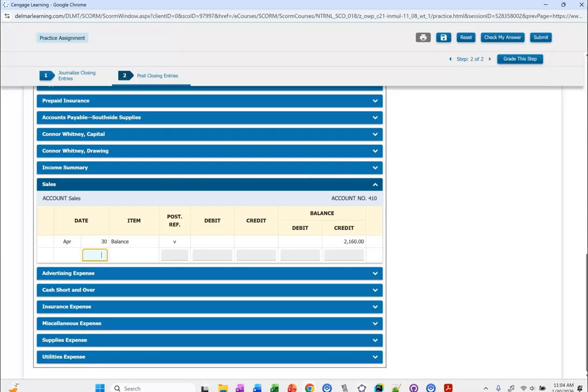The date still is April 30th. It's always the end of the month. This was journal page 12. We filled that in the beginning, so my post reference in the ledger is going to refer back to the journal, right? The journal post references to the account number. The accounts reference back to the journal page number, so it's like a circle.